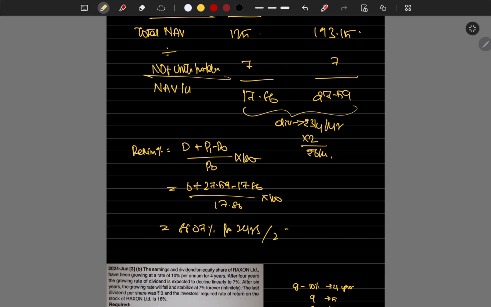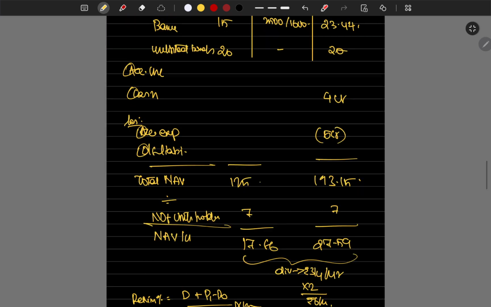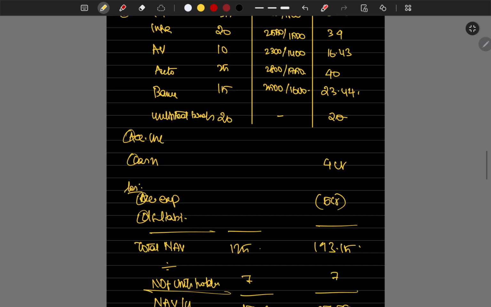Divided by 2, 44.036 percent per year is the return from this mutual fund. Okay, we have solved the mutual fund problem also.